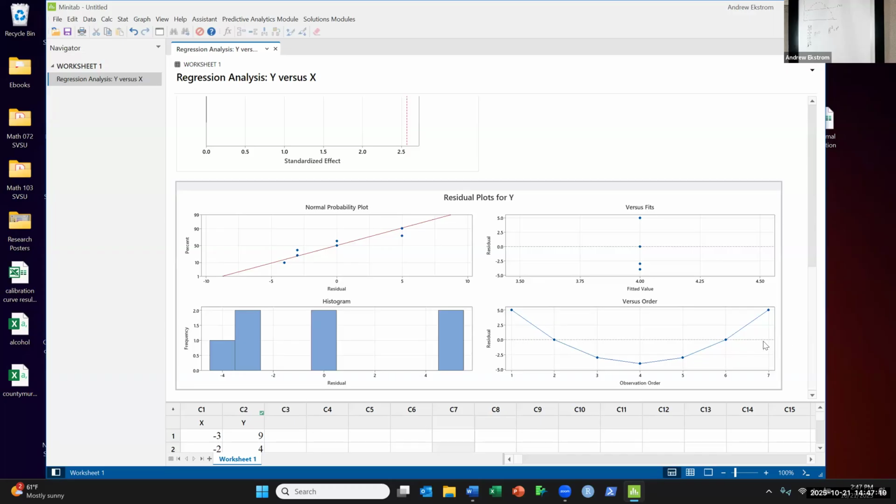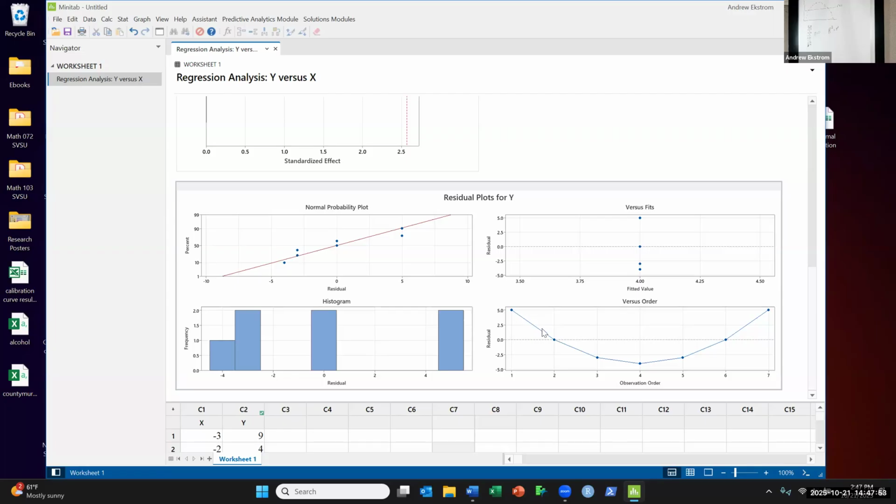So looking at what we have here, do these 4 blocks look like they're making a normal bell-shaped curve? Absolutely not. The normal probability plot, we talked about this a little bit before. Do all the data points seem like they're near the red line that's on there? Yeah, not too bad.